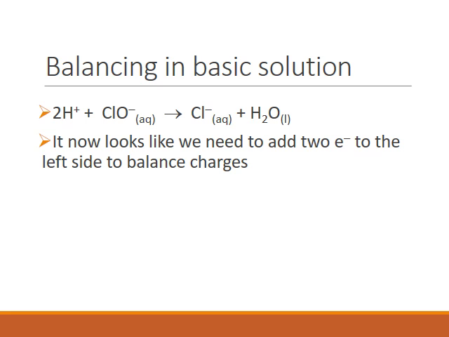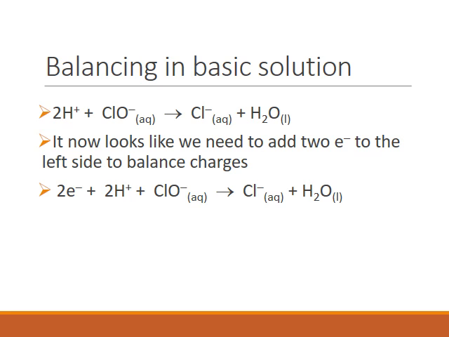Final step is we need to add electrons to balance charges. We've got a +1 on the left-hand side, the 2 H pluses plus the -1 for the hypochlorite. We have a -1 on the right-hand side. So we need to add 2 electrons to the left side to balance charges. There is our balanced reaction.